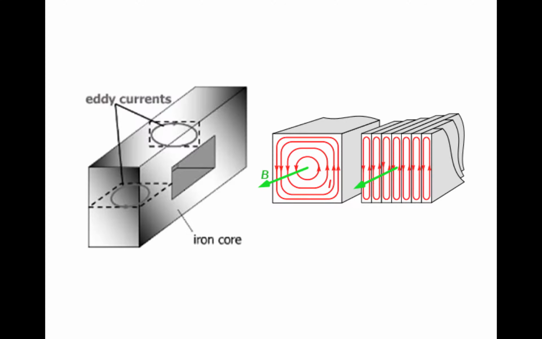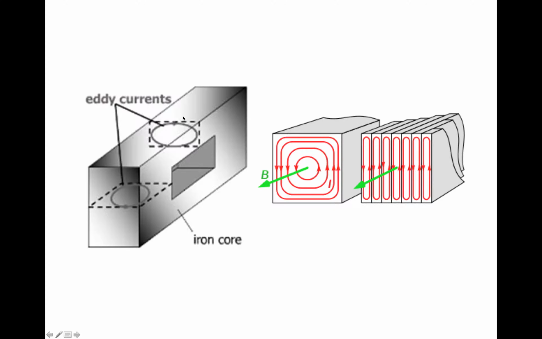The transformer core has a finite resistance, right? Usually it's made up of iron or some other kind of conductive material. So once you induce a voltage on the transformer core, and because the resistance is finite, this induced voltage is going to generate a current inside the transformer core.